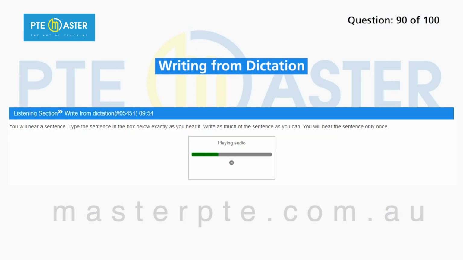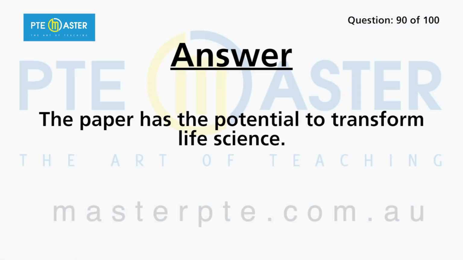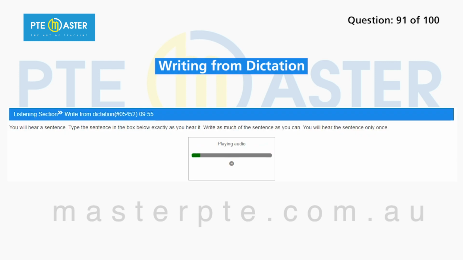The paper has the potential to transform life science. The tutorial timetable can be found on the course website.